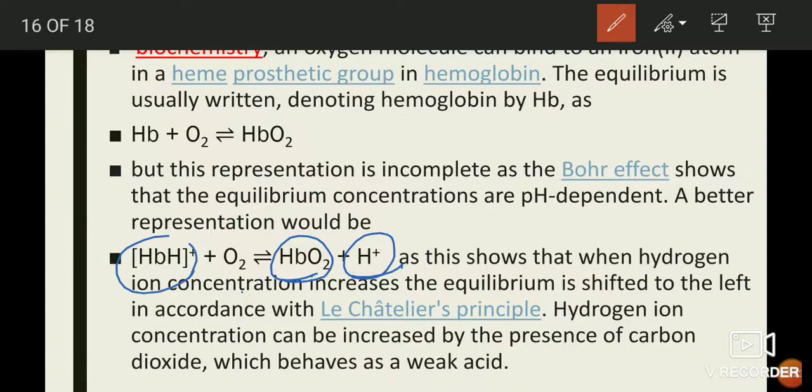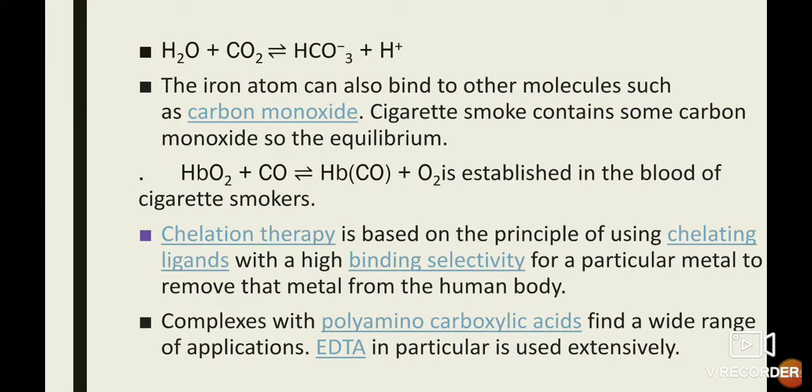Hydrogen ion concentration can be increased by the presence of carbon dioxide, which behaves as a weak acid. The equation: a water molecule reacts with carbon dioxide to form HCO3 minus ions, or bicarbonate ions, plus H plus ions.